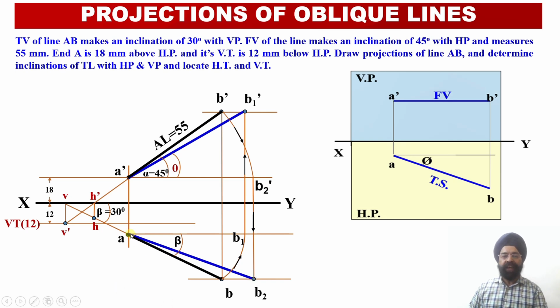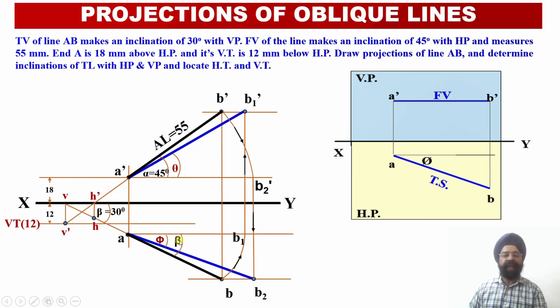Now once we have obtained this true length projection, that is the blue line AB2 in the top view, I can mark the inclination of this true length with respect to the vertical plane, and this angle happens to be angle phi. Now once again we can check the true length of the line AB2. It has a larger length as compared to the apparent length of the line, that is AB.